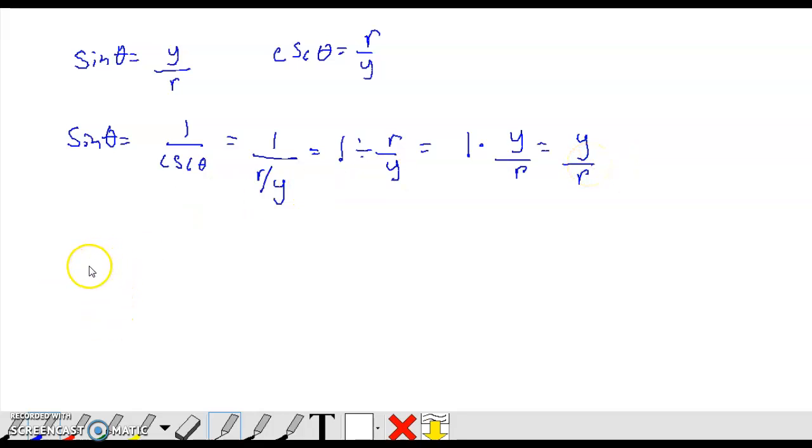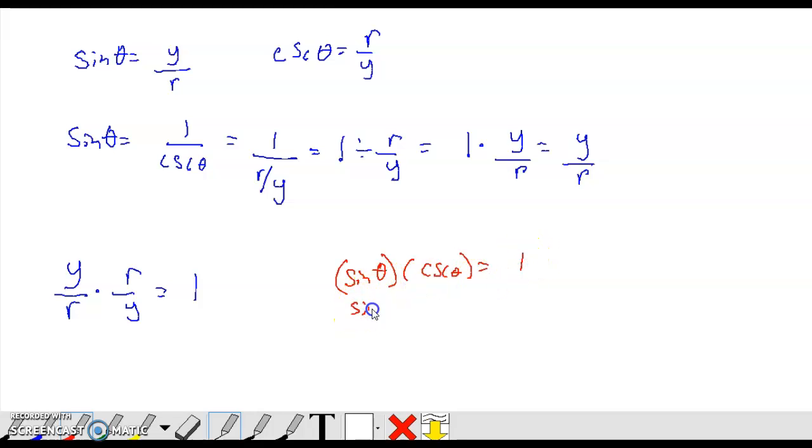What happens when we multiply our reciprocals together? If I multiply y by r and r by y, everything cancels out and you're left with 1. A great thing about these trig identities is that if you multiply them together, sine of theta times the cosecant of theta will always give you 1, because sine of theta times 1 over sine of theta is sine of theta over sine of theta, which gives you 1.